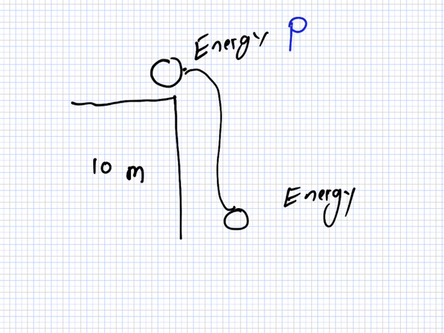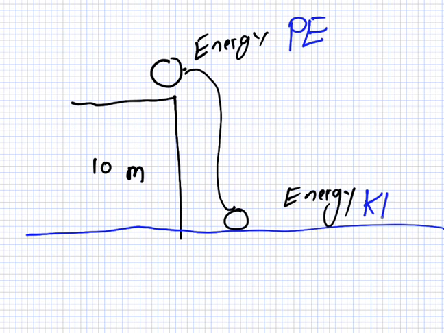It has potential energy. On the ground, the ball has no potential energy because it's on the ground. What type of energy does it have? It has kinetic energy. The energy does not change, so that means the potential energy at the top must still equal the kinetic energy at the bottom.